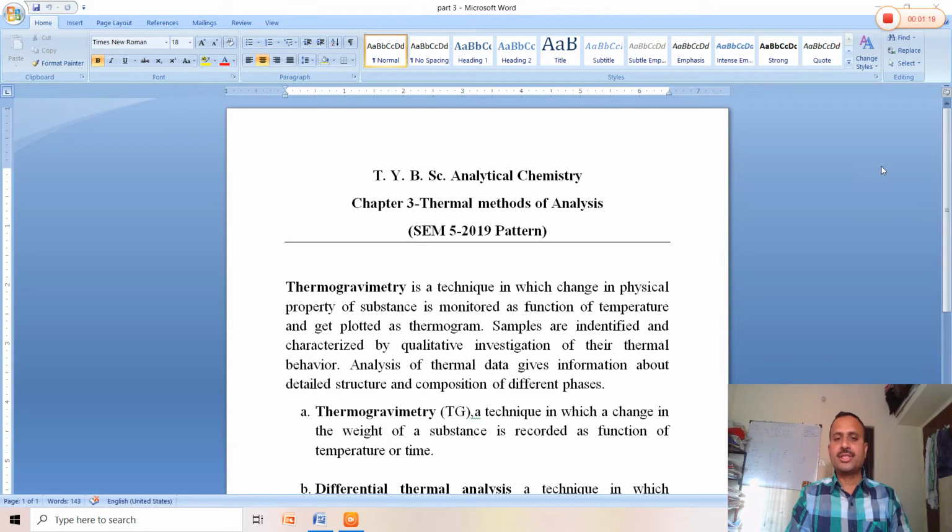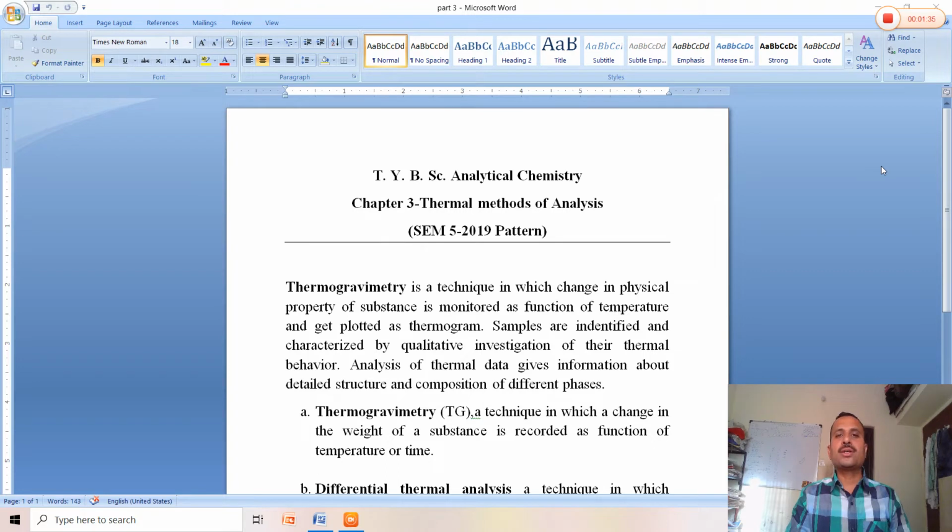So the definition of thermogram is a graph of change in physical property of a substance with time or temperature. Samples are identified and characterized by qualitative investigation of their thermal behavior.